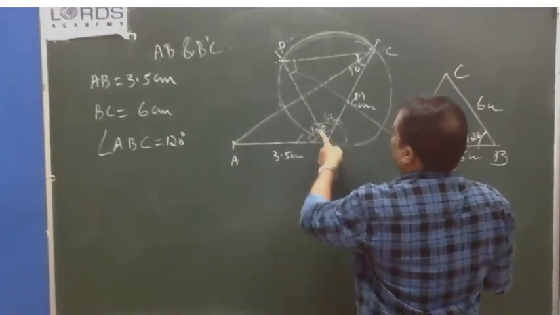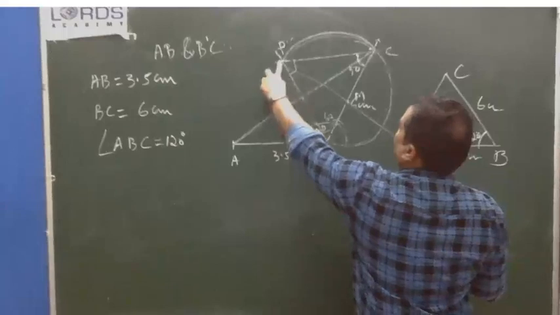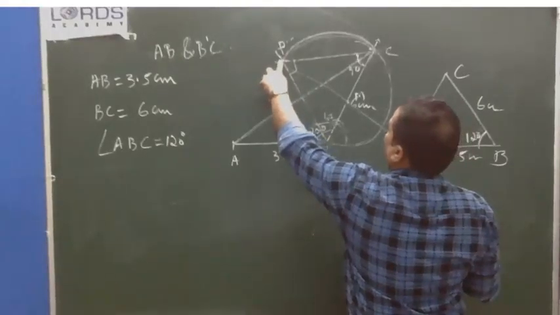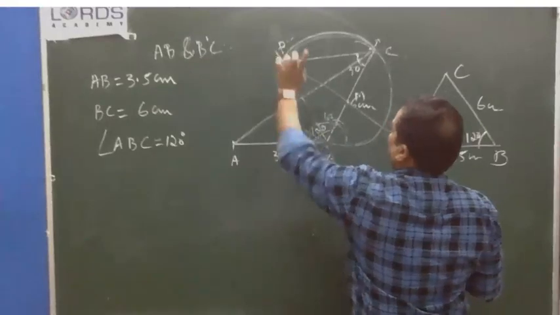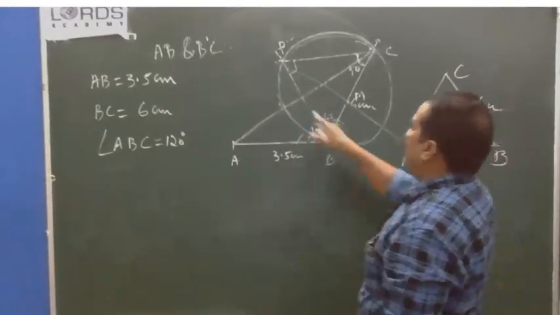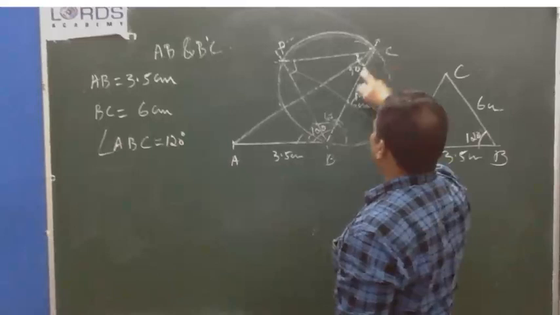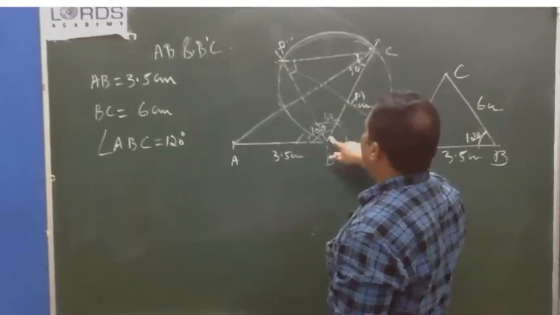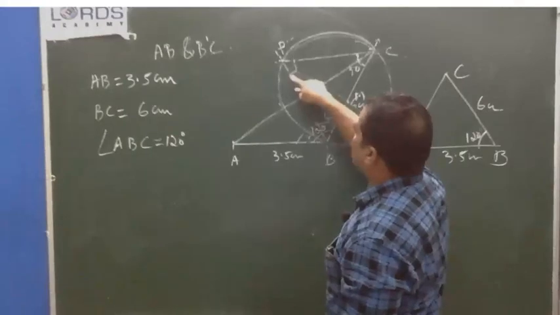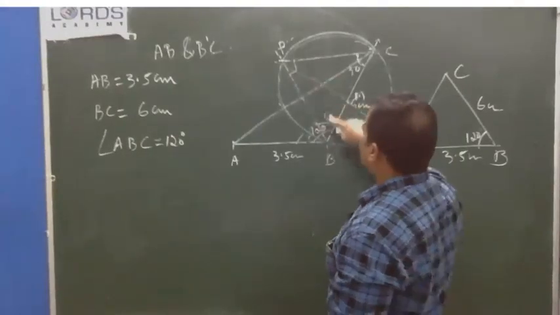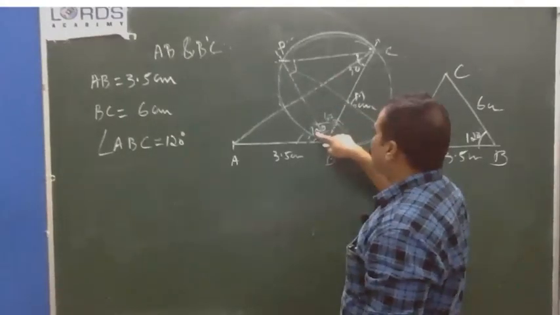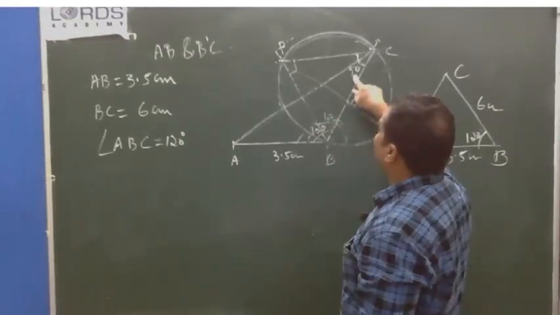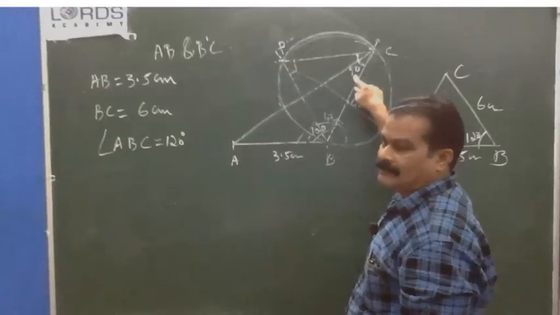That will intersect the circle at this point. We can call it P. And join this. You will get a triangle. In this triangle, this angle will be 90. This angle is an angle bisector of 120, so this will be 60. Therefore, automatically they will become 30 degrees. Clear?